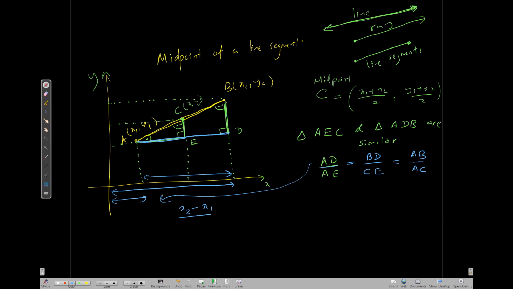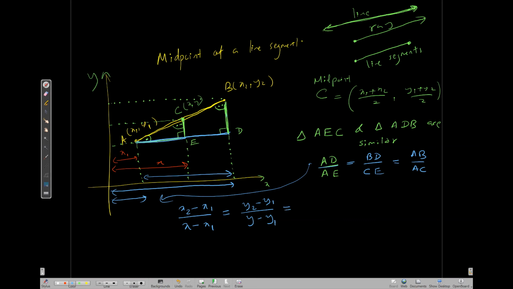And AE is x minus x1, because from here to here it's x, and from here to here it's x1. And similarly, BD is y2 minus y1 divided by CE, which is y minus y1. Now AB over AC.